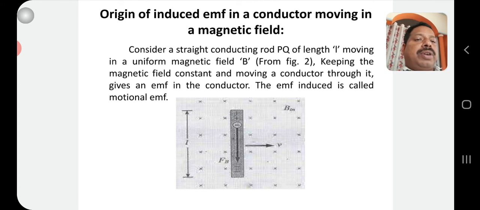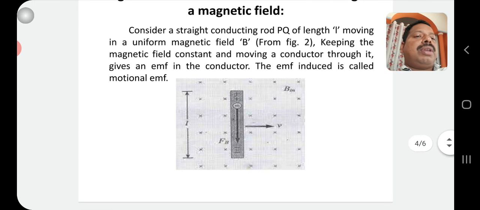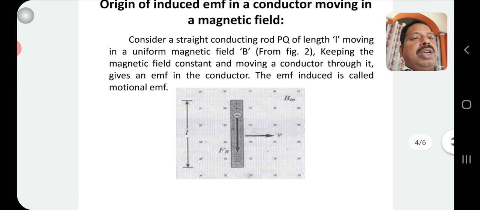If you observe in the figure, in the plane of the conductor we are going to mark some crosses. Those represent that the direction of the magnetic field is perpendicular to the length of the conductor or the plane containing the conductor. Keeping the magnetic field constant and moving a conductor through it gives an EMF in the conductor.